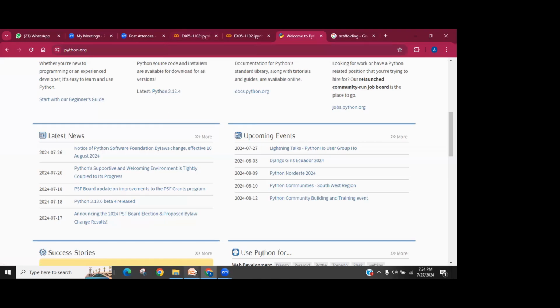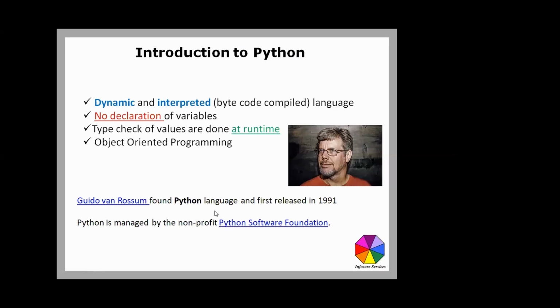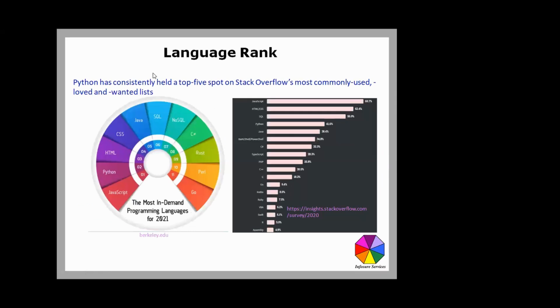Let's move on. That's the website we went into, first developed by a Dutch programmer. We will not go into details. Let's carry on. This is some reason why you can continue to learn Python.